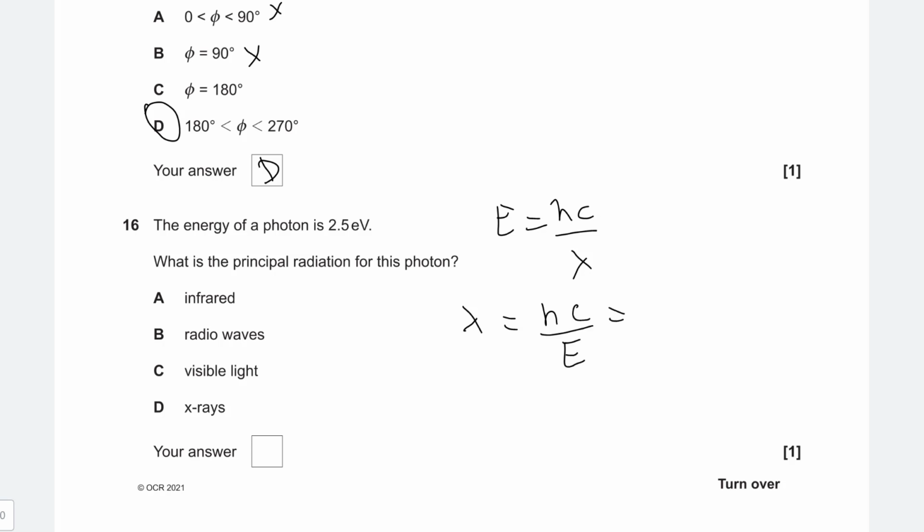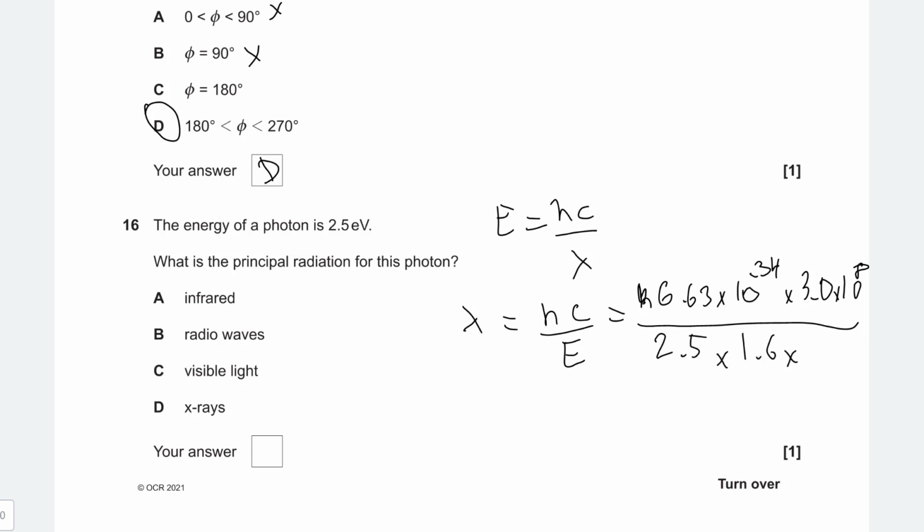Let's convert those to joules. So 6.63 times 10 to the power minus 34 times the speed of light, 3.0 times 10 to the power of 8. We're going to divide that by 2.5 times 1.6 times 10 to the power of minus 19.